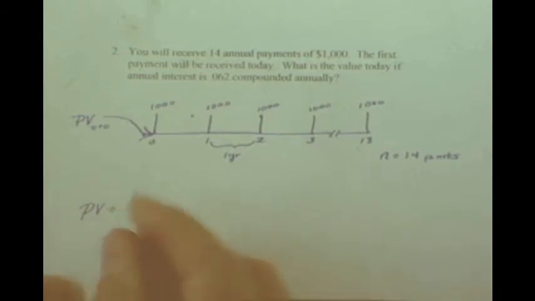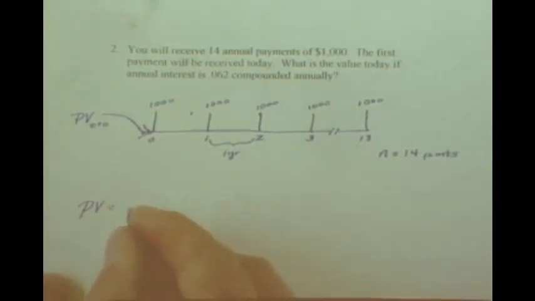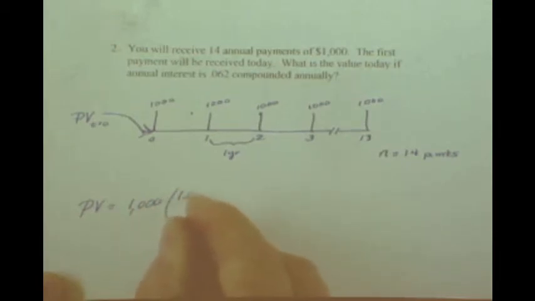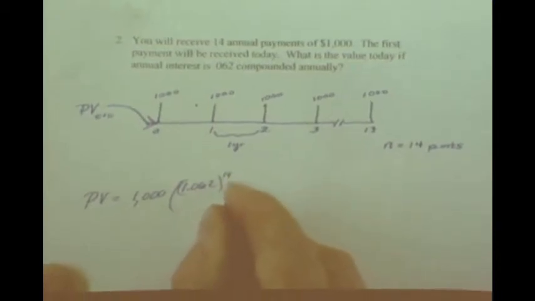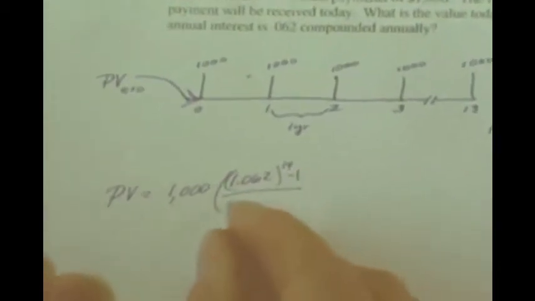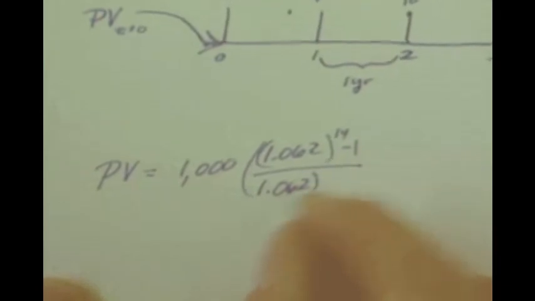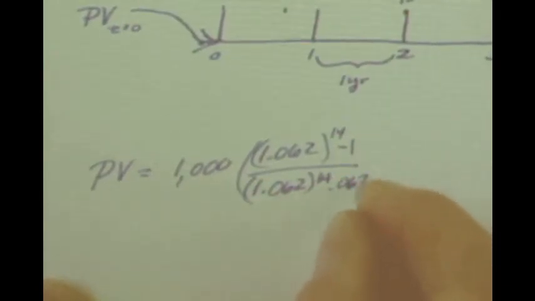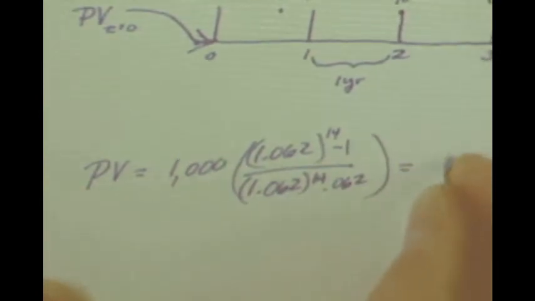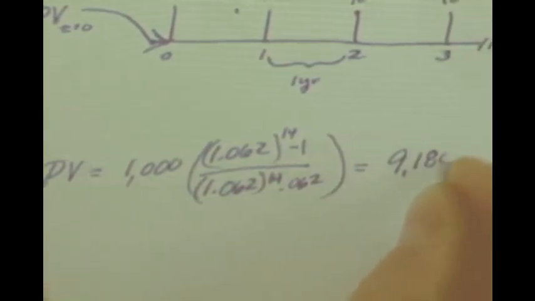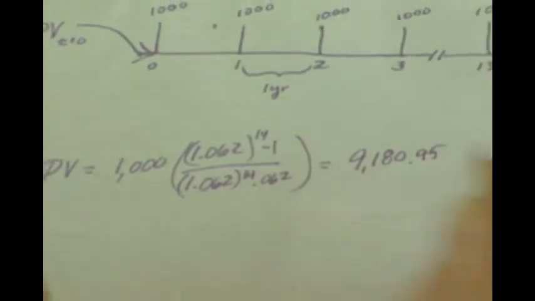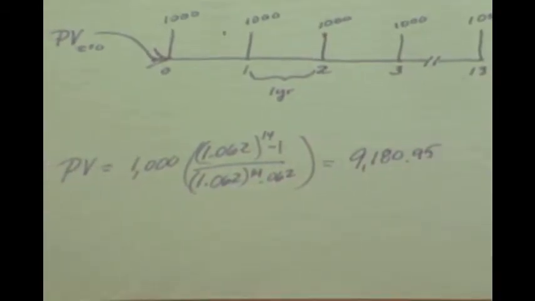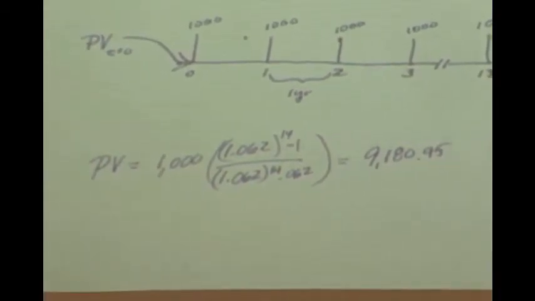And if we throw the present value equation at this, we'll get that $9,180 answer again, but it won't be the correct answer to this problem.